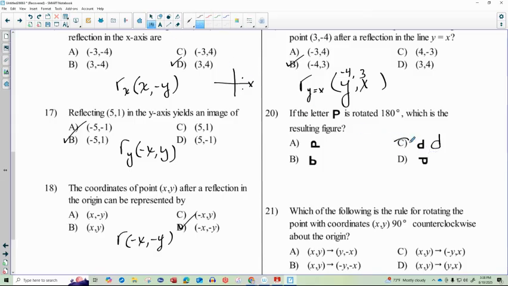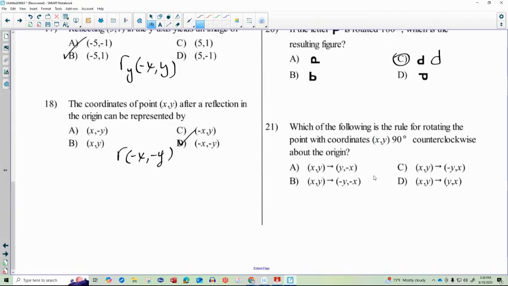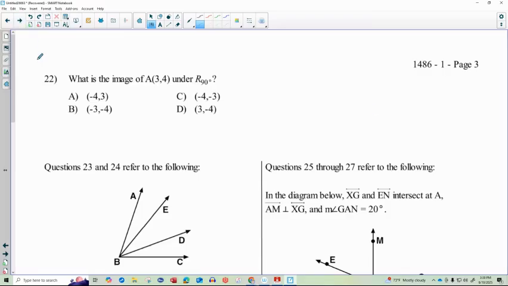It becomes really like a lowercase d. And finally, rotation of 90 degrees. The formula for a rotation of 90 degrees was -y, x. And that's right there.